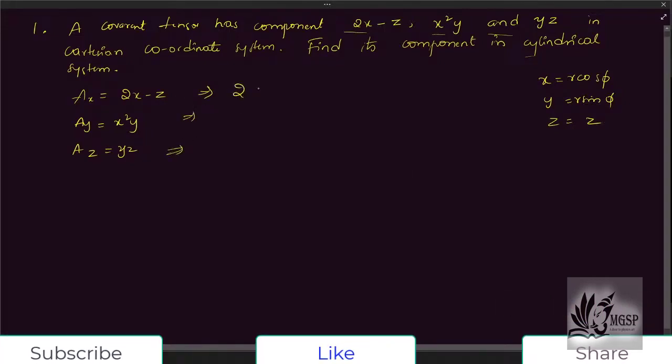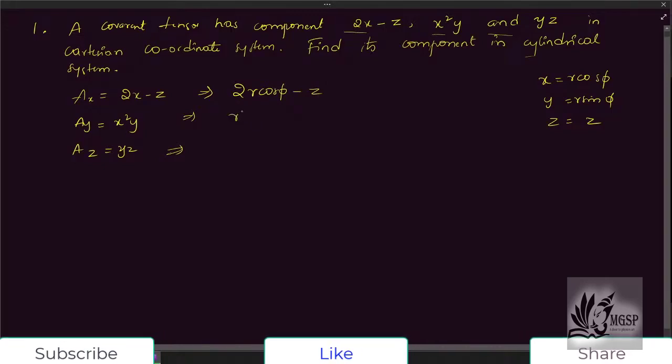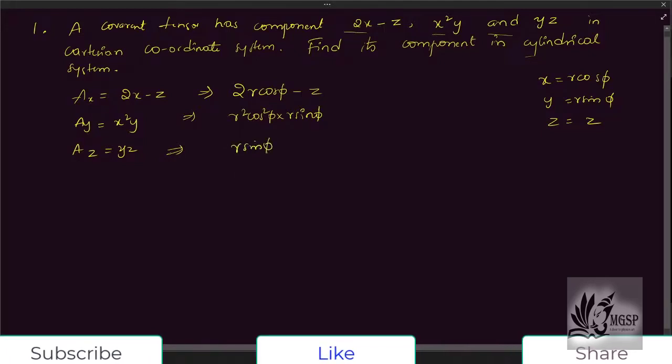I am getting 2x is equal to 2r cos phi minus z, and the same way r square cos square phi times r sin phi for the y terms, and r sin phi into z.